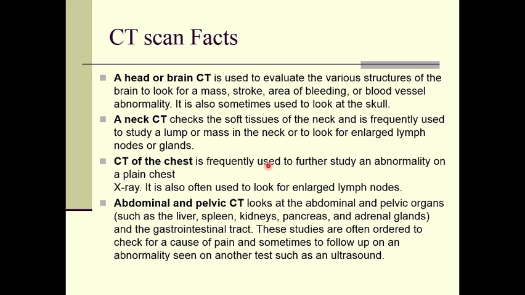Abdominal and pelvic CT looks at the abdominal and pelvic organs such as liver, spleen, kidneys, pancreas and adrenal glands and the gastrointestinal tract. These studies are often ordered to check for a cause of pain and sometimes to follow up an abnormality seen on another test such as an ultrasound.